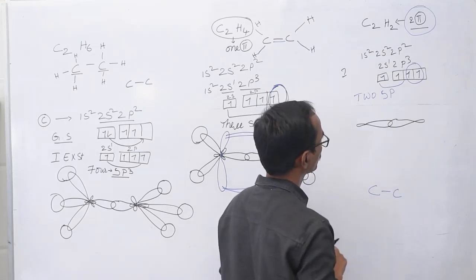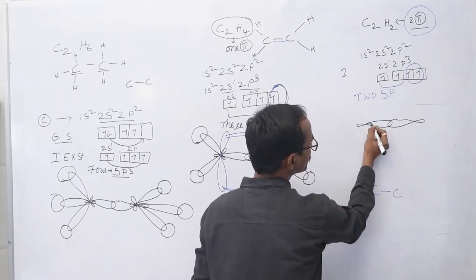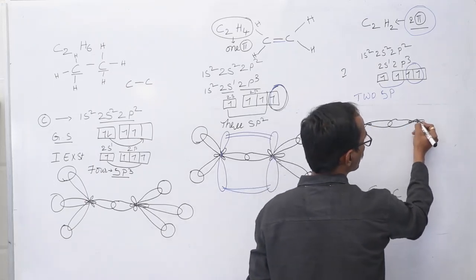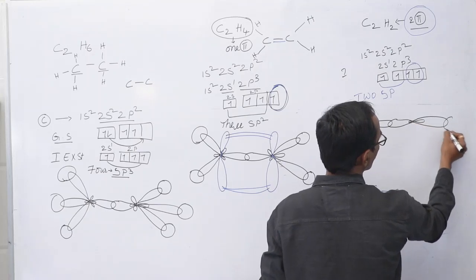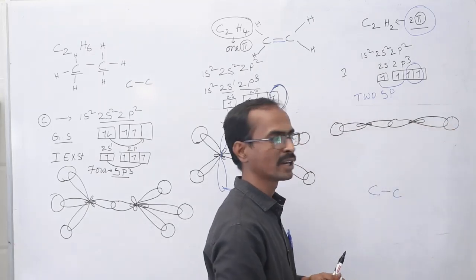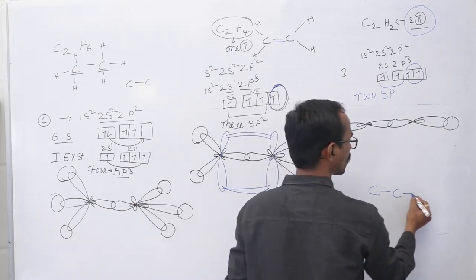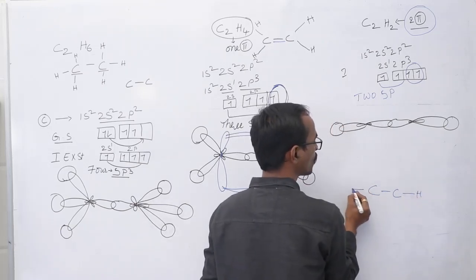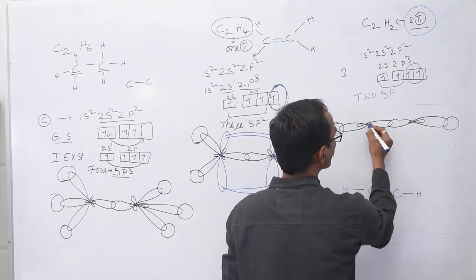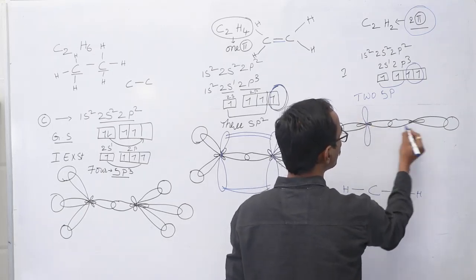And the second sp hybrid orbital of one carbon atom overlaps with the s orbital of hydrogen to form one carbon hydrogen sigma bond on each carbon atom. Totally 2 carbon hydrogen sigma bonds are there. After this, you are having 2 pure p orbitals.